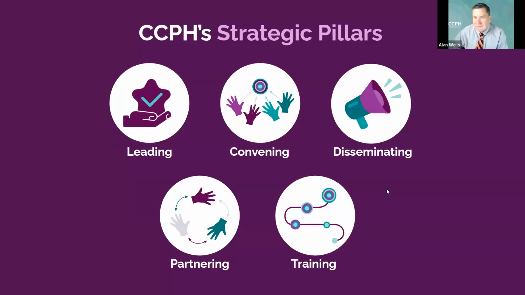In doing so, we have 5 strategic pillars that represent our work, our practice in the field. Over the last 25 years, CCPH has been well known for taking the lead in community partnerships, bridging the work between academic researchers and community partners, convening community meetings for other people to share ideas, disseminating research and trainings, and partnering with agencies throughout the country.